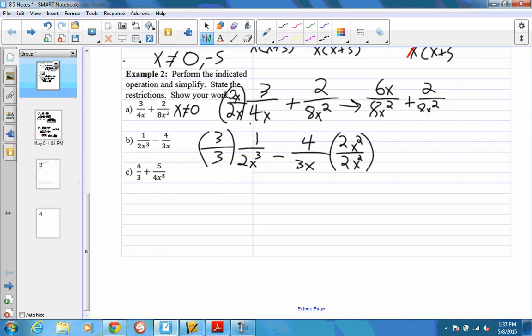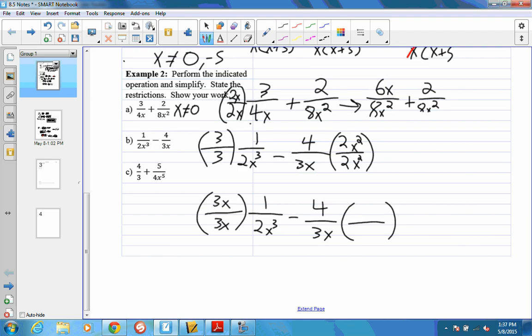That's one way to do this, and I'm okay with that. The foolproof way to go for these common denominators is to multiply. I'm going to write it down here. So 1 over 2x cubed minus 4 over 3x. Guys, the foolproof way to do it is when you set up your multiplication, multiply it just by the other thing. So 3x over 3x, 2x cubed over 2x cubed.